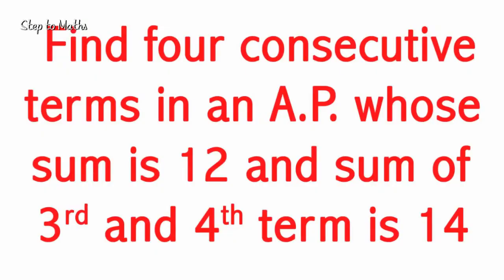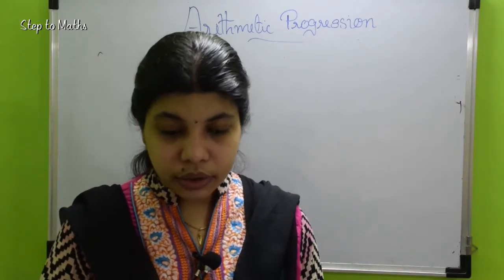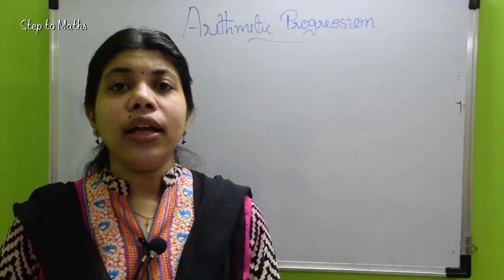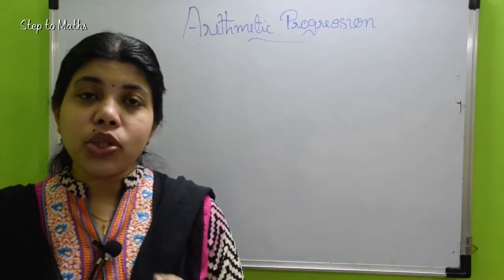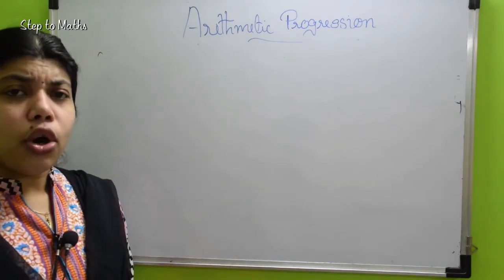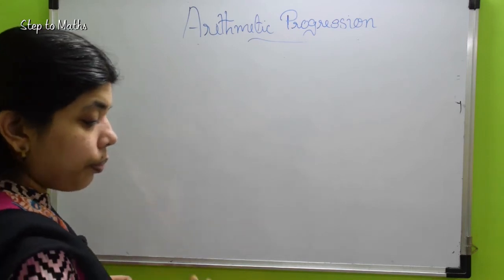The next question. Find 4 consecutive terms in an AP whose sum is 12 and the sum of the third and fourth terms is 14. The sum of 4 consecutive terms is 12 and the sum of the third and fourth terms is also given. So how can we take those 4 consecutive terms?